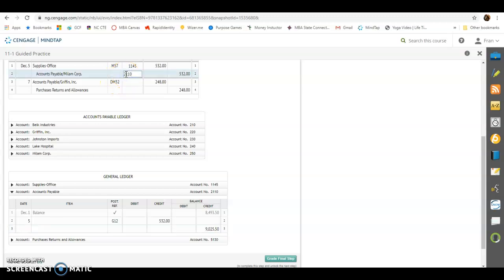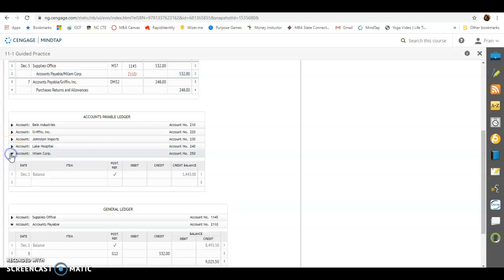But we're going to do the / just like we see over here, because we're also going to have to put it in the Milam Corporation ledger too. Because remember, we have to know what each person owes us. We have the little buckets, the subsidiary accounts, and the control account. So we have to know each one. We have to post each one to make sure at the end of the month that they all balance together.